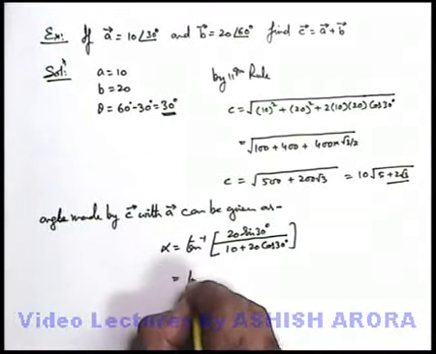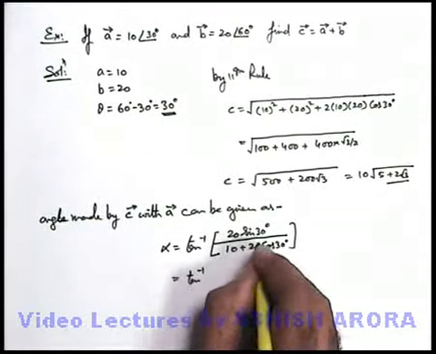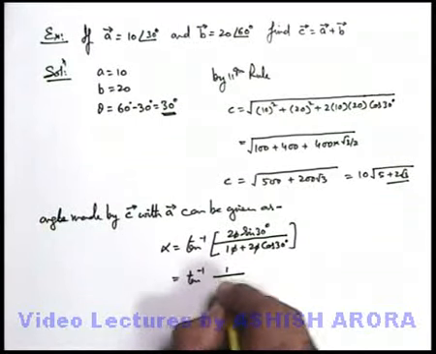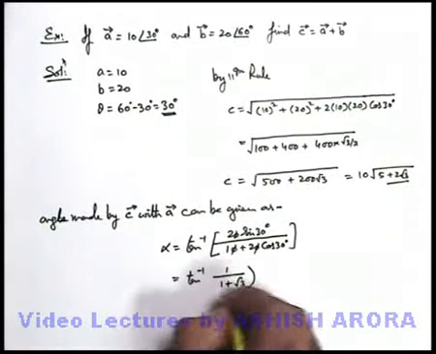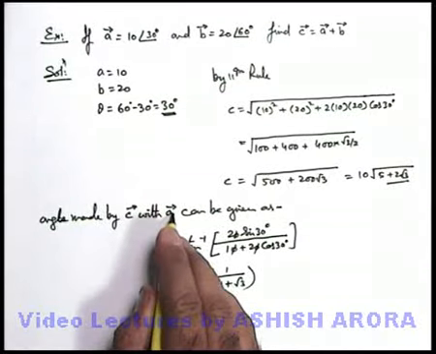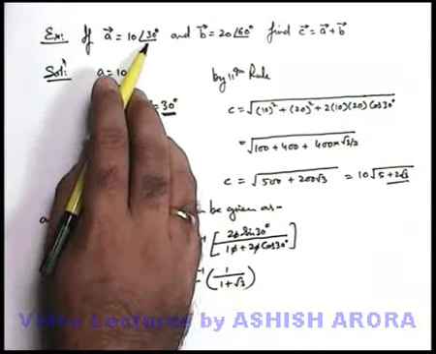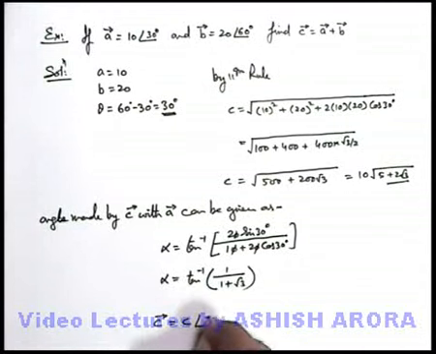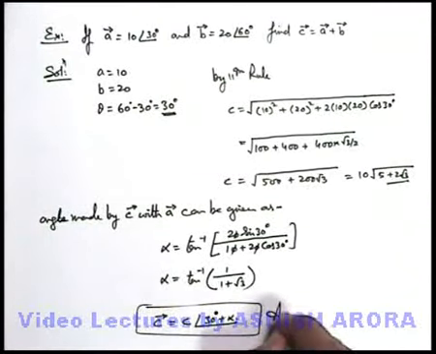Here the tan cancels out, and this will be tan inverse of 1 upon 1 plus root 3. This is the angle made by vector C with vector A, and vector A is at an angle of 30 degrees with the x-axis. So vector C can be written as C angle of 30 degrees plus alpha. This is our answer to this question.